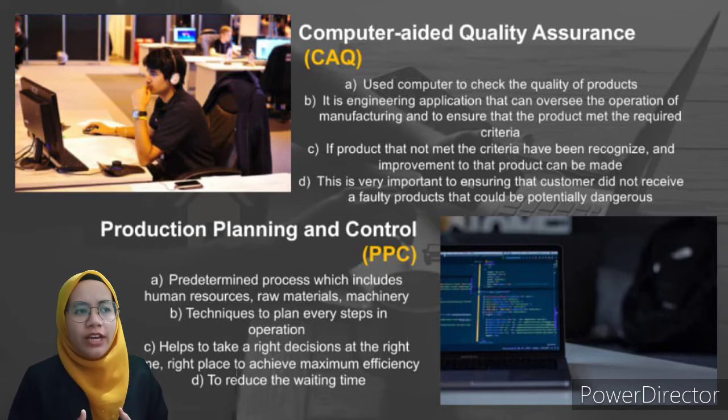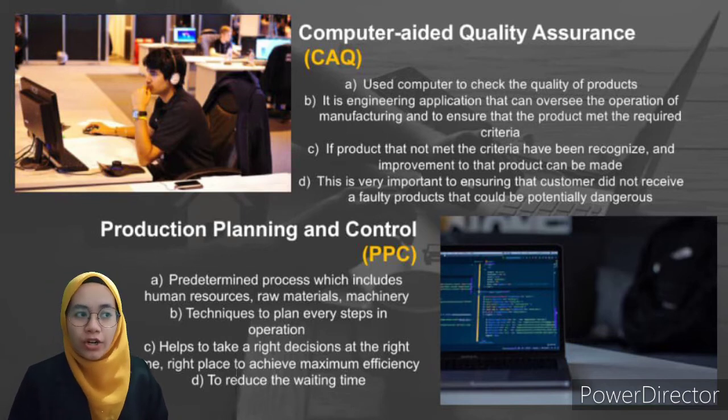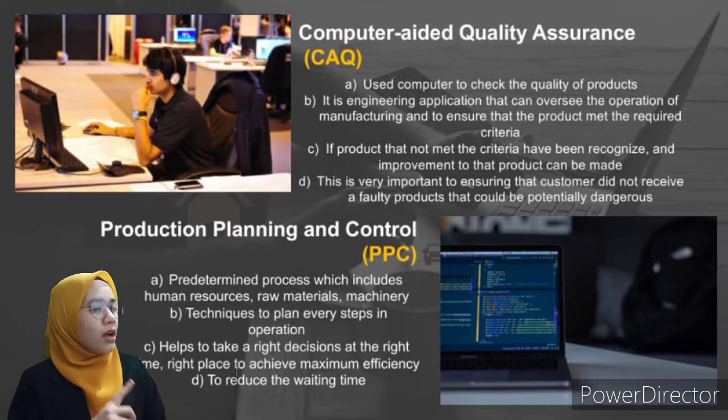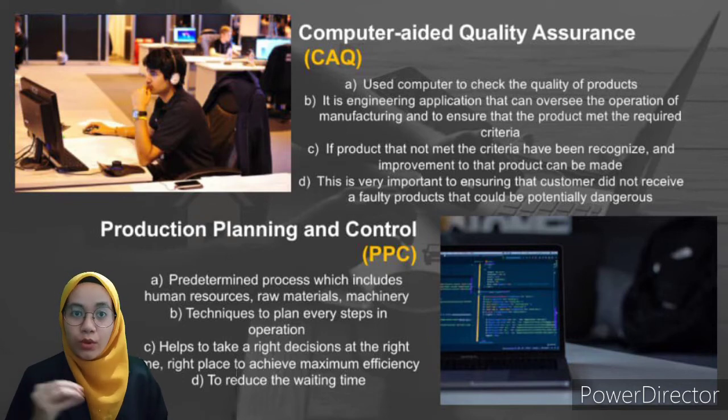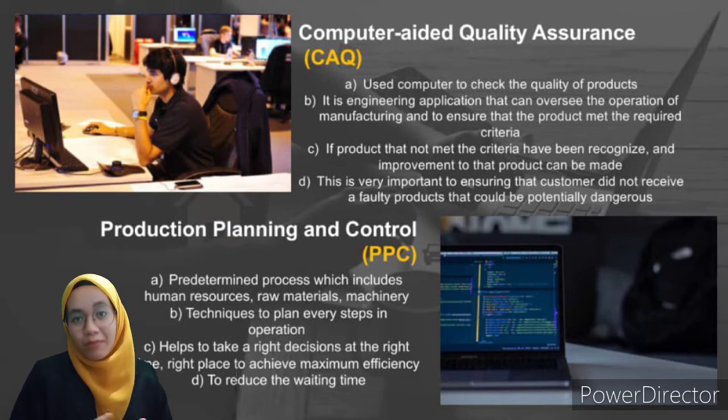It is an engineering application that can oversee the operation of manufacturing and ensure that the product meets the criteria that we want. If the product does not meet the criteria that have been recognized, an improvement to that product can be made.